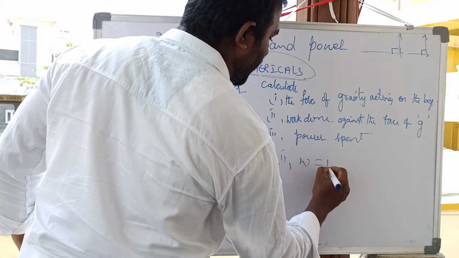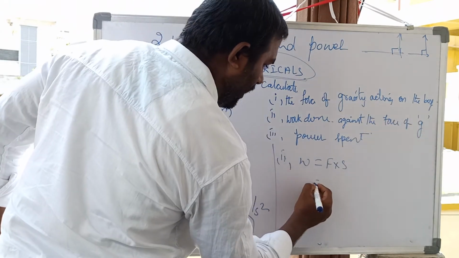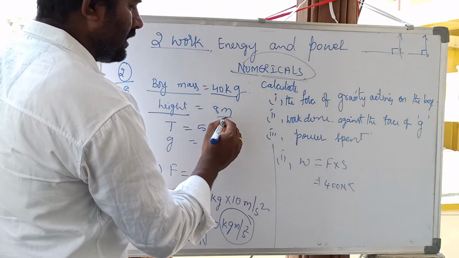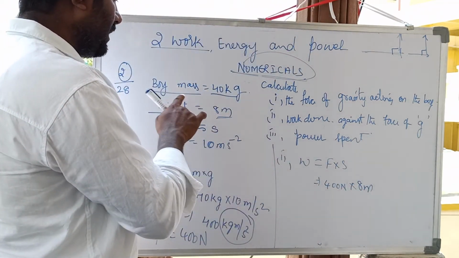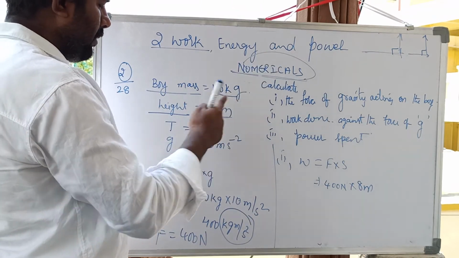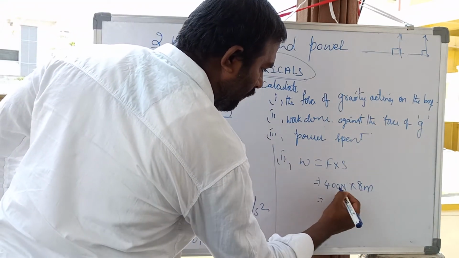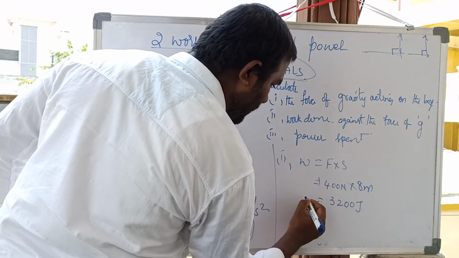Now the second one, work done against the force of gravity. Work is equal to F into distance. The force we already got is 400 newtons. The boy climbs stairs of height 8 meters, so the distance is 8 meters. 400 into 8 is 3200, and newton meters is called joules.